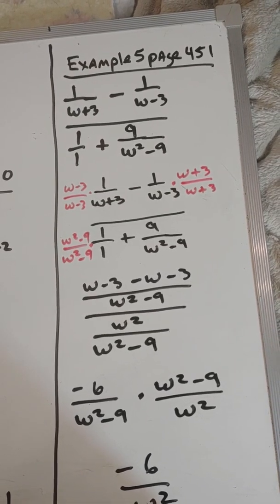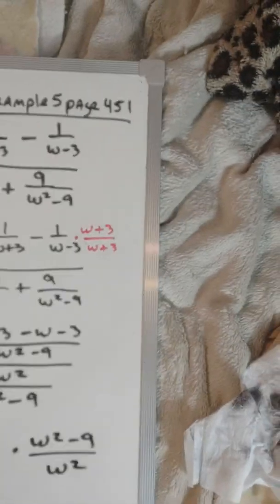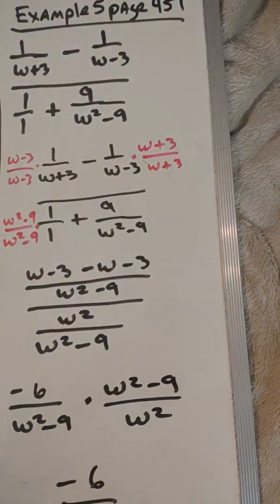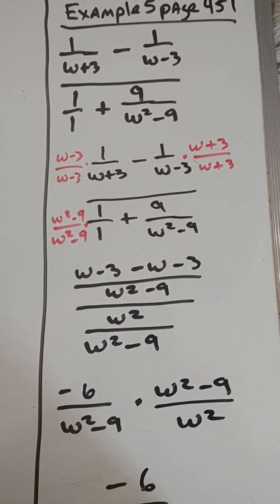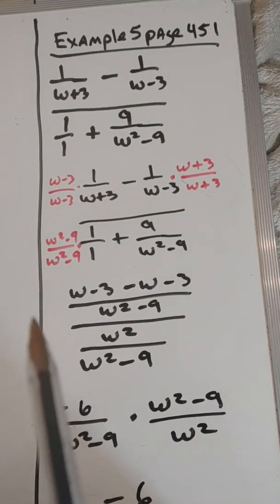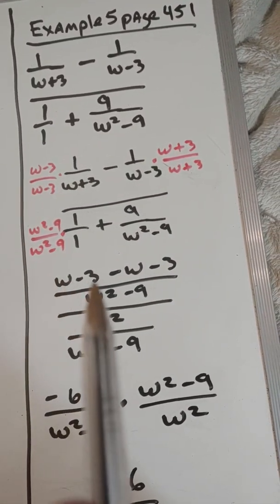Now, here's where it gets a little tricky, and you have to be careful when you're looking at this, because what happens is when I multiply this by 1, I get w minus 3.